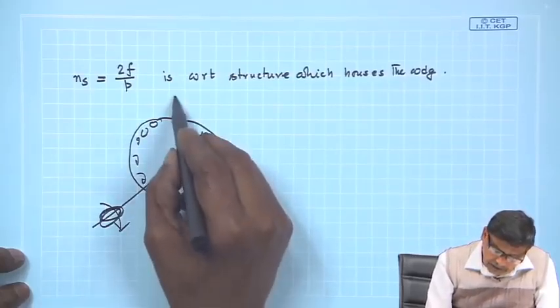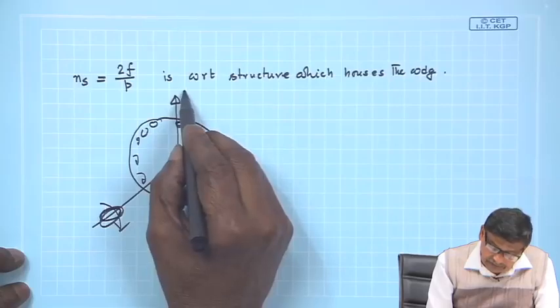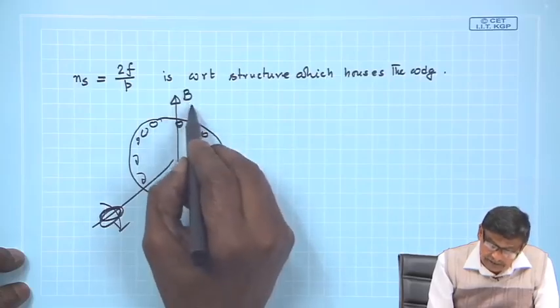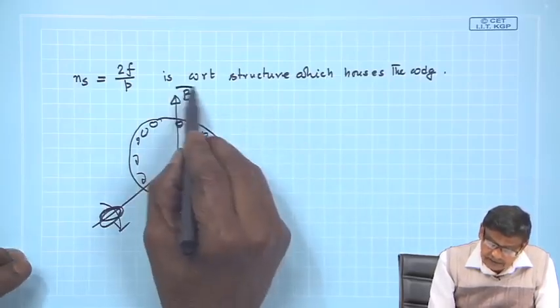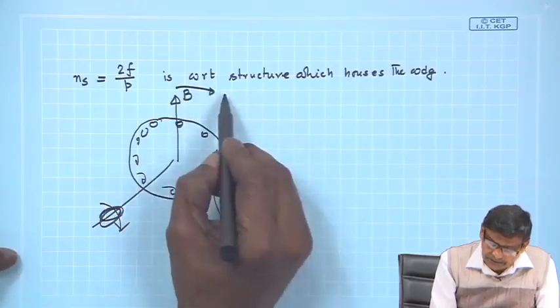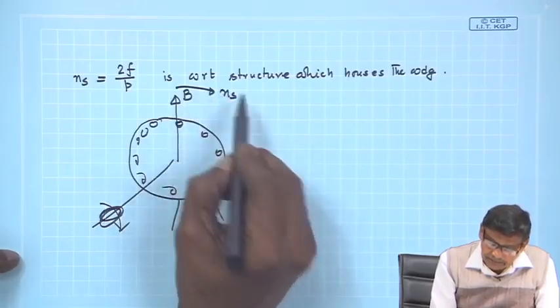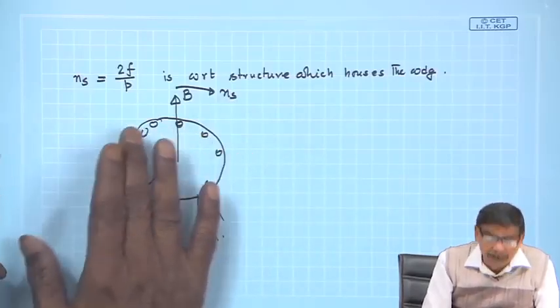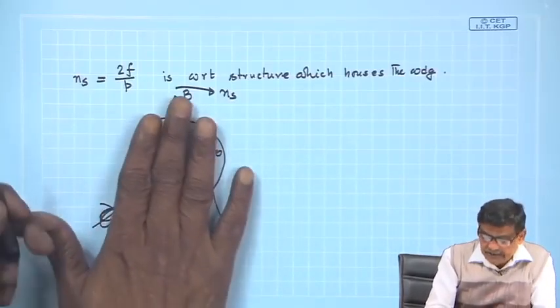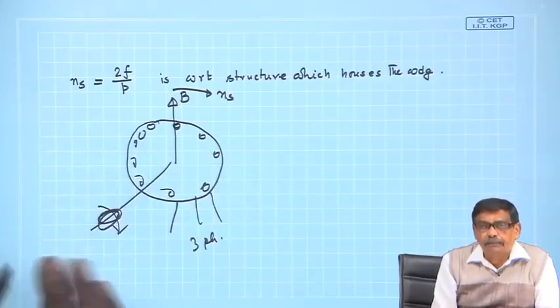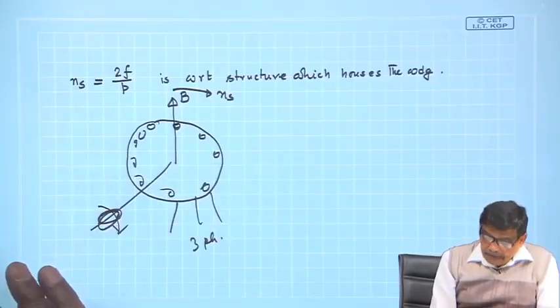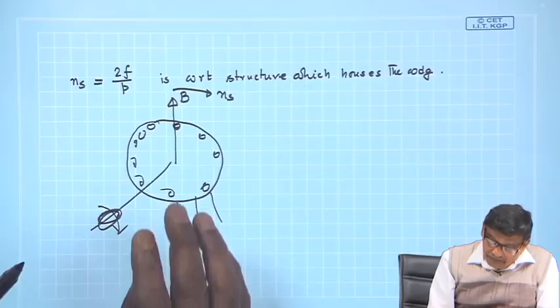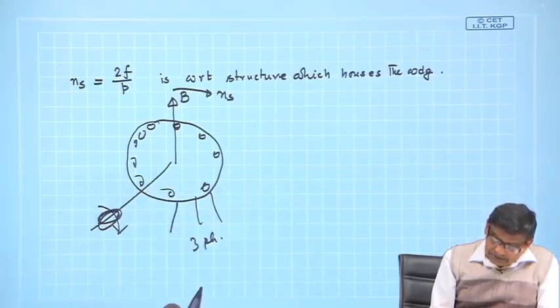You know a rotating field results, B resultant, and it moves, suppose in this direction with Ns. Now, this Ns is with respect to the coils or the stationary structure which houses the coil. What is the meaning of that?